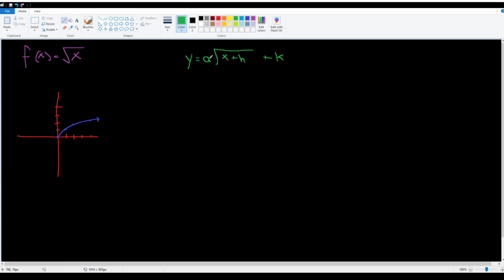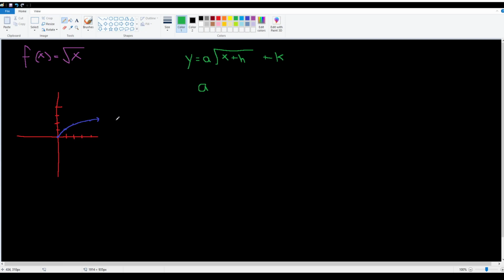All of these, a, h, and k, will do something different to our parent function. Okay, so the first thing is a. A is going to show us two different things. First, a is going to show us if our graph gets stretched or compressed.